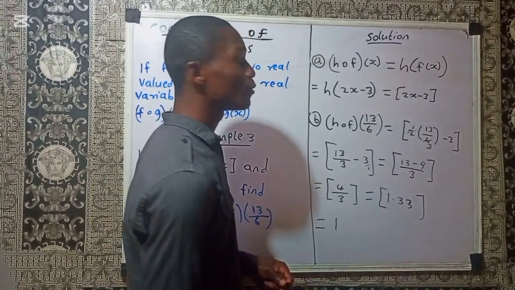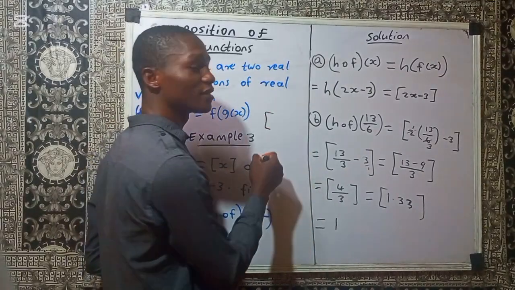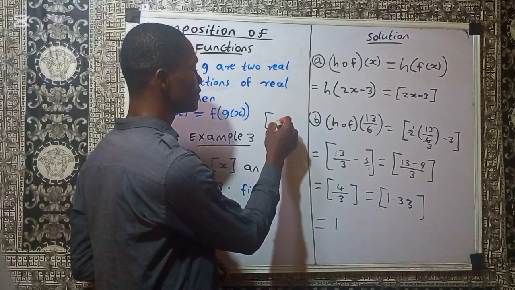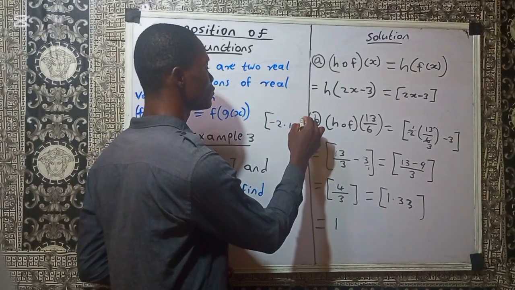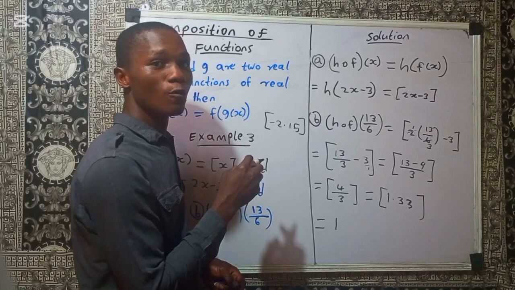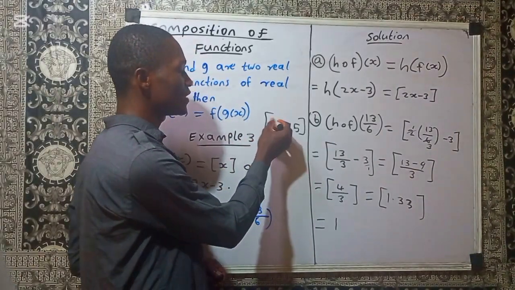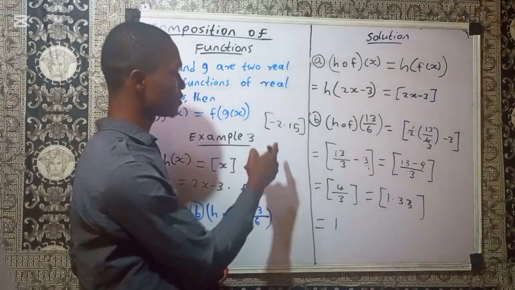But if the decimal number is negative, assuming you are to find the greatest integer value of, let me say, negative 2.15, what you are going to do? If it has a negative, then what is the whole number part of this?